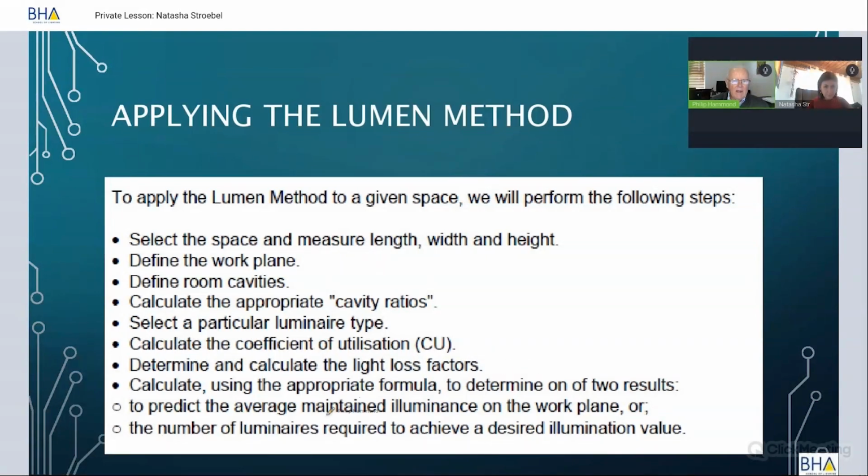And then the next step we're going to do is calculate the light loss factors. Then we work out one of two formulas to work out the number of luminaires, or whether the number we've got will produce the right amount of light on the working plane. And then we've got the number of luminaires to give the desired result.